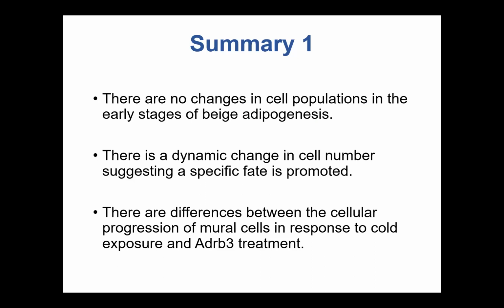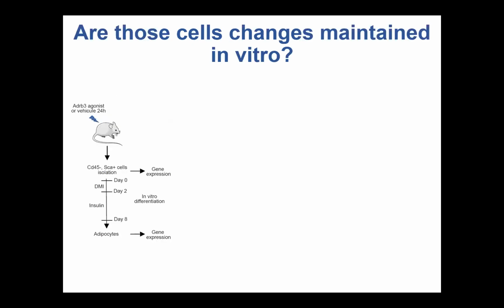So to dig in, understand more and validate those findings, we went back in vivo. And we decided to answer the first question, which was, are those changes within the cells maintained in vitro? And to do so, we basically took mice, treated them with beta-3 adrenergic agonist or cold or vehicle for just 24 hours.